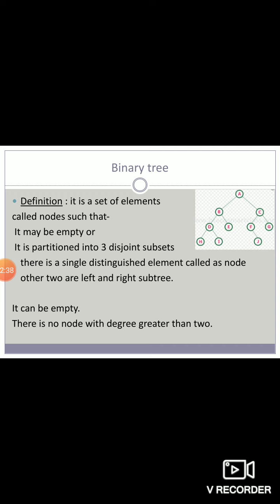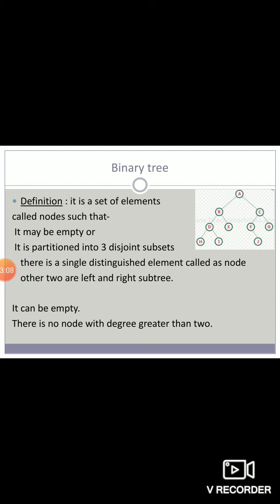This binary tree may be empty, or it is partitioned into 3 disjoint subsets. The very first one is a single distinguished element called the root, which is the origin of my binary tree. And the other two are the left and the right subtrees.